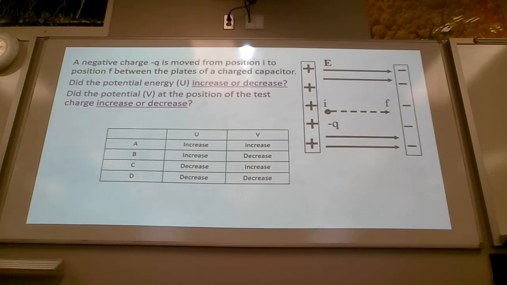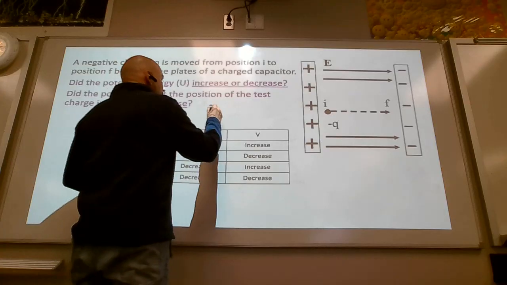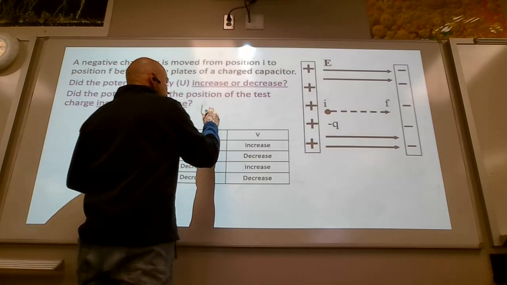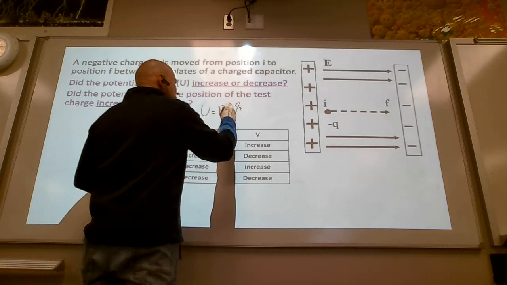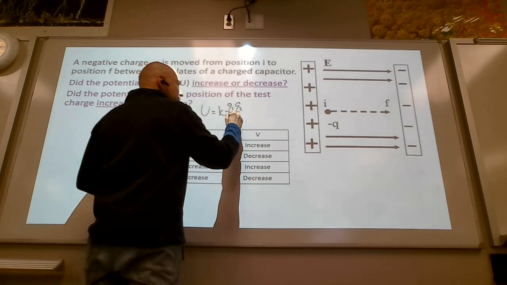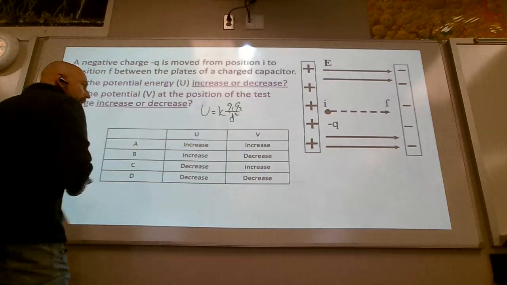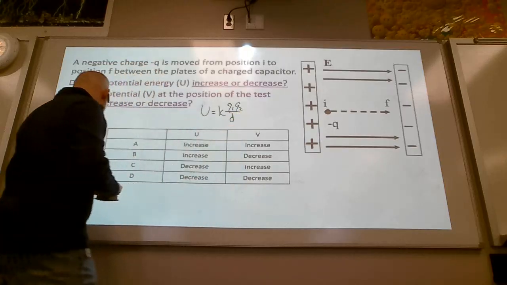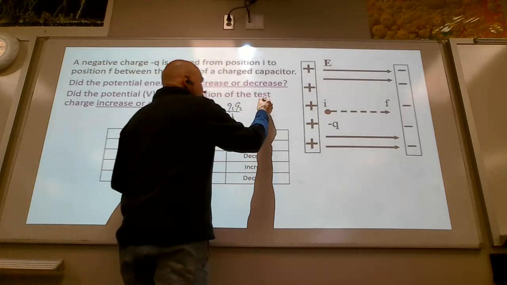Unrelated to this question, this equation here for electric potential energy, with d in it, not d squared.